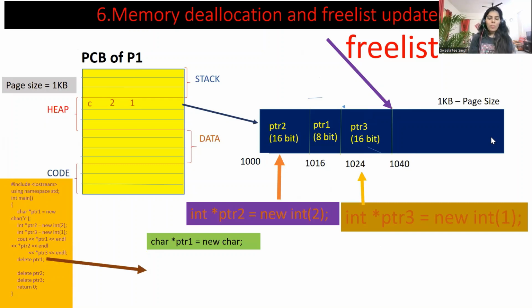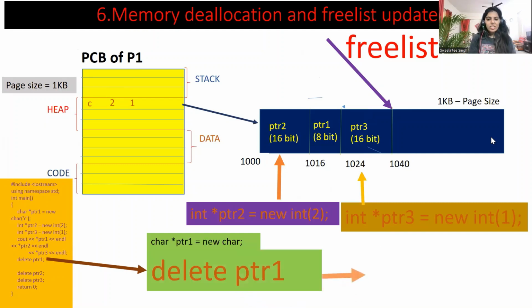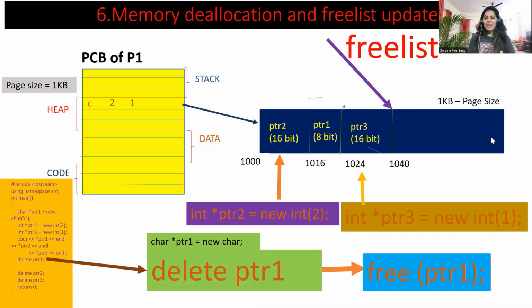For memory deallocation, the delete operator is called in C++, which internally makes a call to the free function in C. The free function in C makes the system call and requests it to deallocate or delete the memory that was allocated for the character which was pointed to by PTR1. So the memory from 1016 to 1024 location is freed, and the free list starts pointing to the 1016 location.